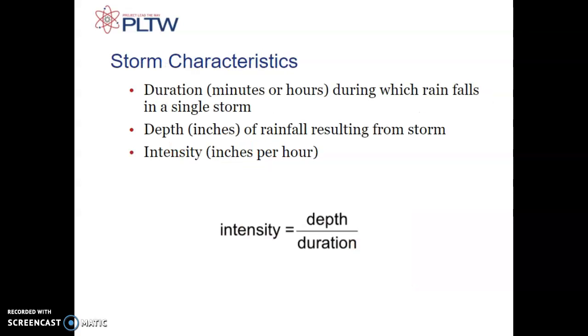So when we're talking about intensity, we're talking about the depth in which the water is coming down, whether you're getting inches per hour or feet per hour, and then the length of the storm. So when you have a storm that only lasts an hour and you're getting 5 inches per hour, that's not bad. Now, if you were getting 5 inches per hour and the storm was going to last 8 hours, then you're talking about 40 inches of water deep. That's not volume, that's just the depth.